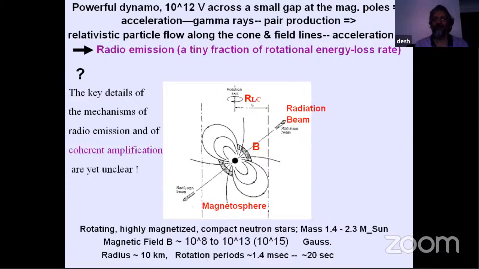The rotational energy loss is largely through the dipole radiation. We can estimate the amount of dipole radiation if we know the period and the period derivative. Regardless of what the model is for loss of energy, we can actually get an estimate of the energy loss directly if we just assume the moment of inertia.